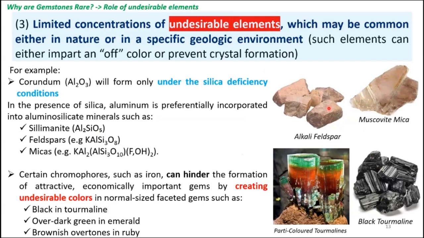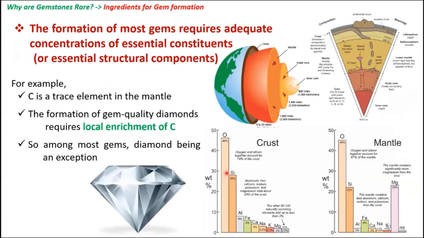In addition to that, we can identify some elements that we consider undesirable elements. It means they negatively affect the formation of gems. One example: when we are considering the earth crust, these are the element distributions. Oxygen is the most dominant, then silica, and then aluminium.